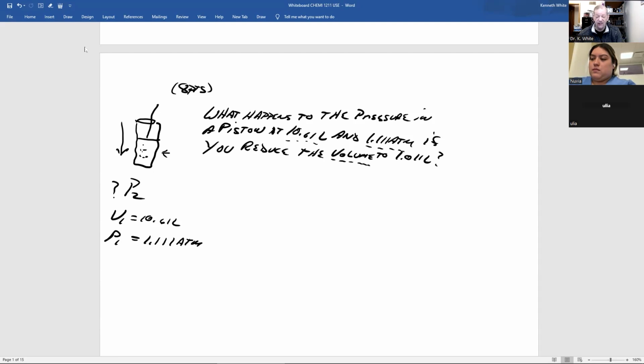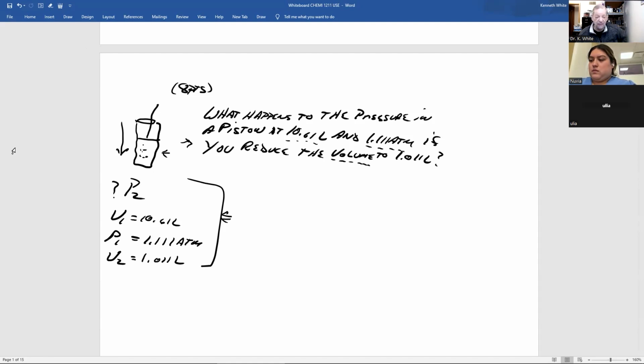When you change it to another volume, that's the final volume, V2, and that's equal to 1.011 liters. And once you have this, you don't have to look at this anymore. So we're trying to find pressure, P2. We're given two volumes and another pressure.